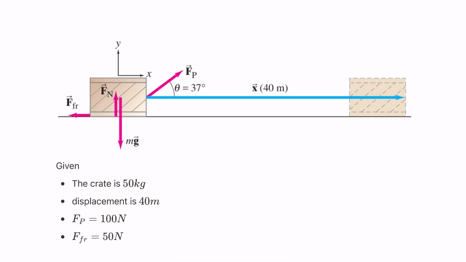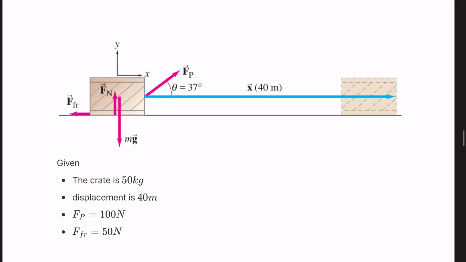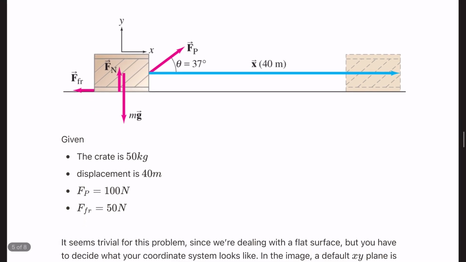Now, what is given? What's given is that the crate is 50 kilograms and the displacement is 40 meters. I can give you now that the applied force is 100 newtons, and then the resultant friction force from the normal force is 50 newtons.